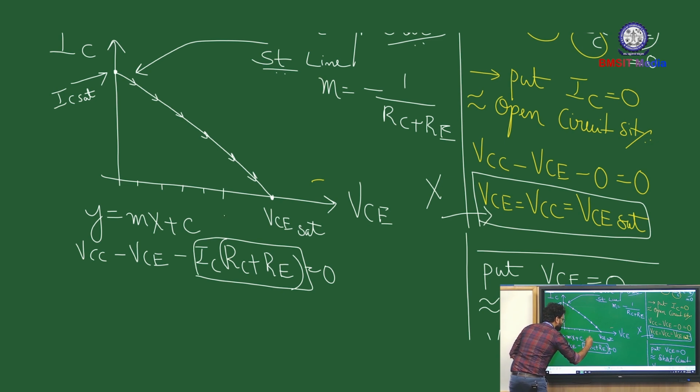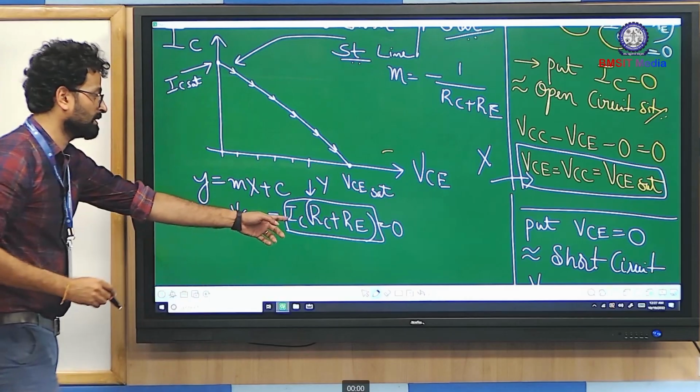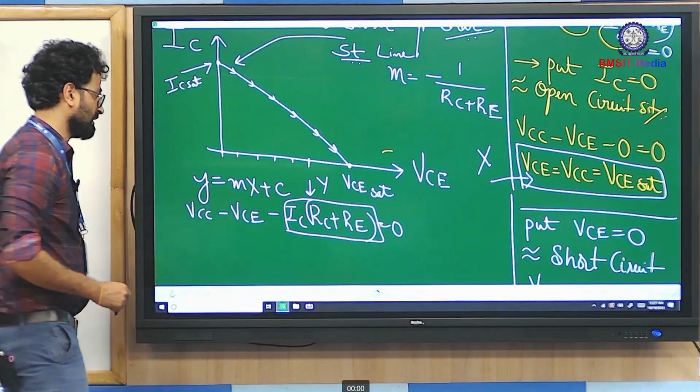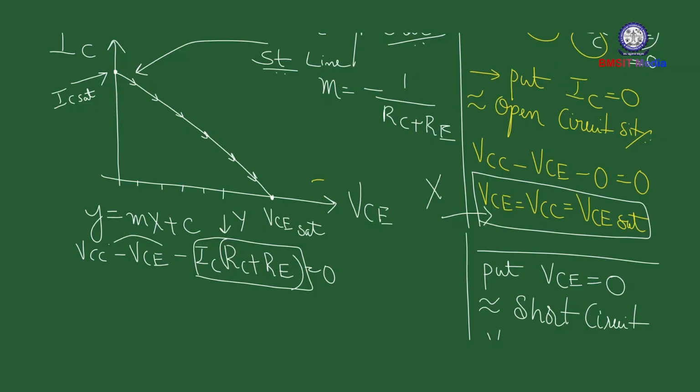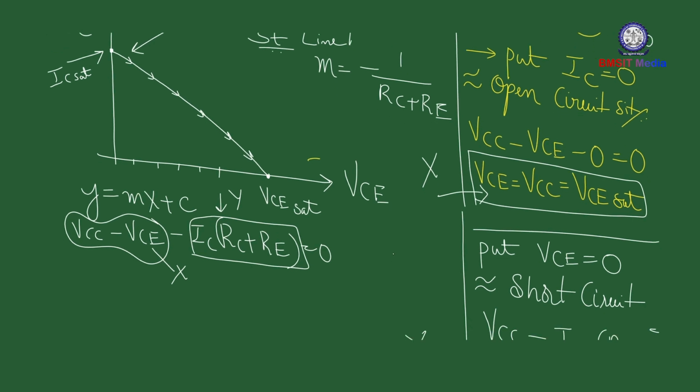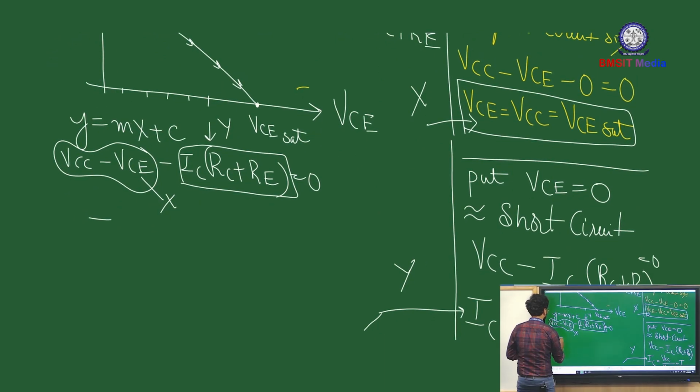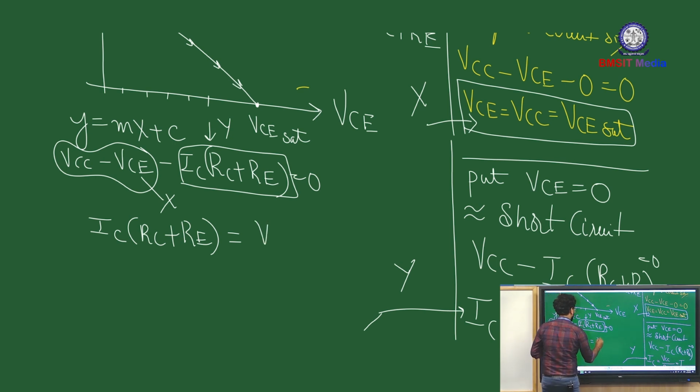This current term has the Y information in the form of IC. This is your voltage term in which VCE gives the X information. Readjusting the terms in this equation leads to IC into RC plus RE is equal to VCC minus VCE.